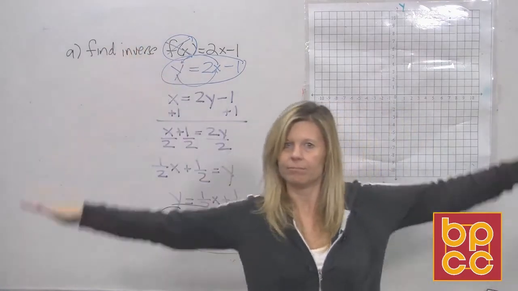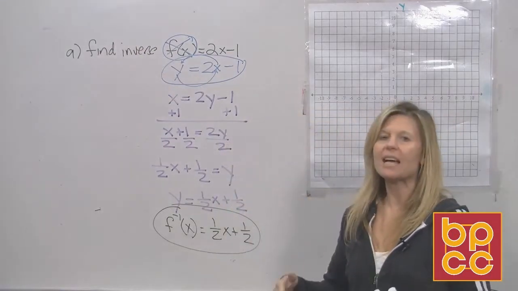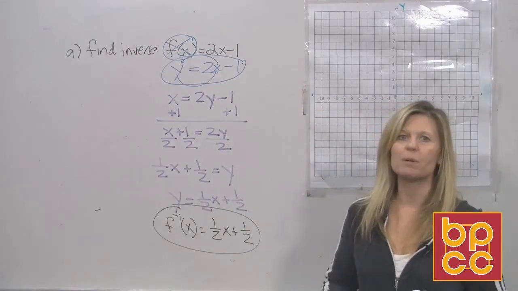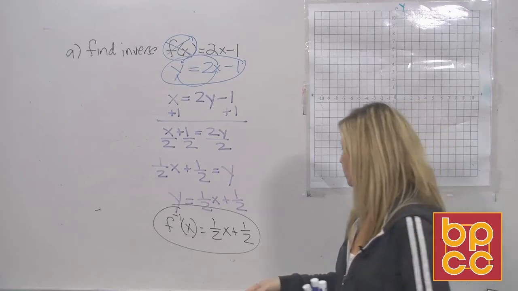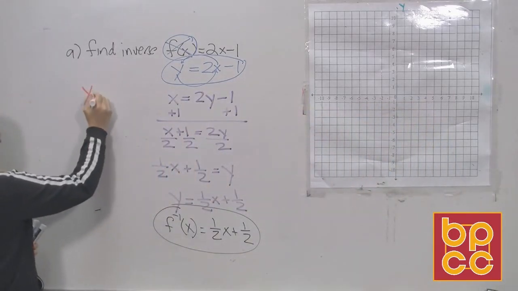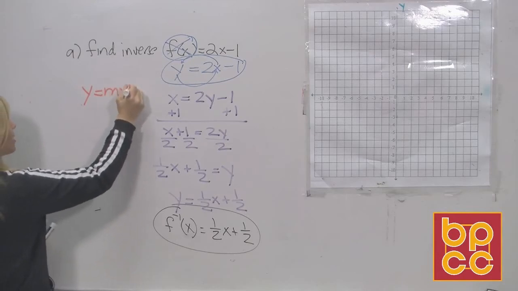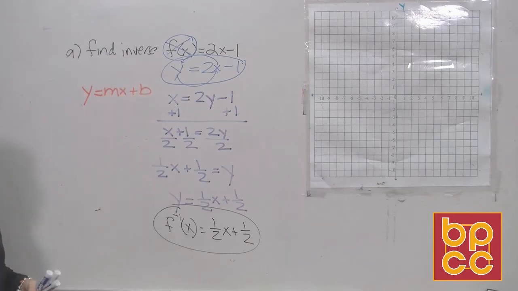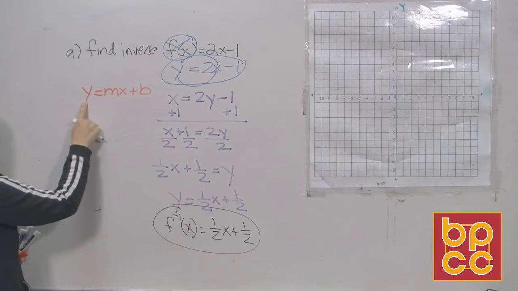Diagonal line. To graph a diagonal line, your equation is supposed to be in slope-intercept form. You've all heard that before in Algebra 1. Slope-intercept form is y equals mx plus b. So to graph a diagonal line, you want the y isolated.